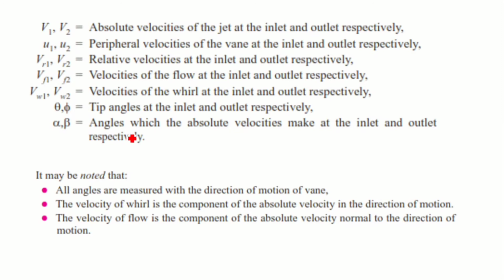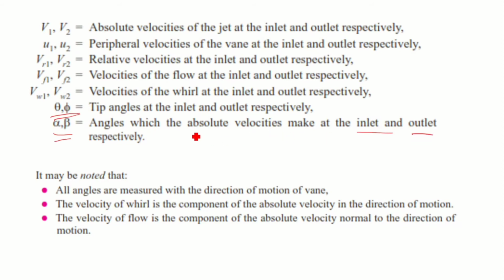Theta and phi represent tip angles at the inlet and outlet. Alpha and beta are the angles which the absolute velocities make at inlet and outlet.